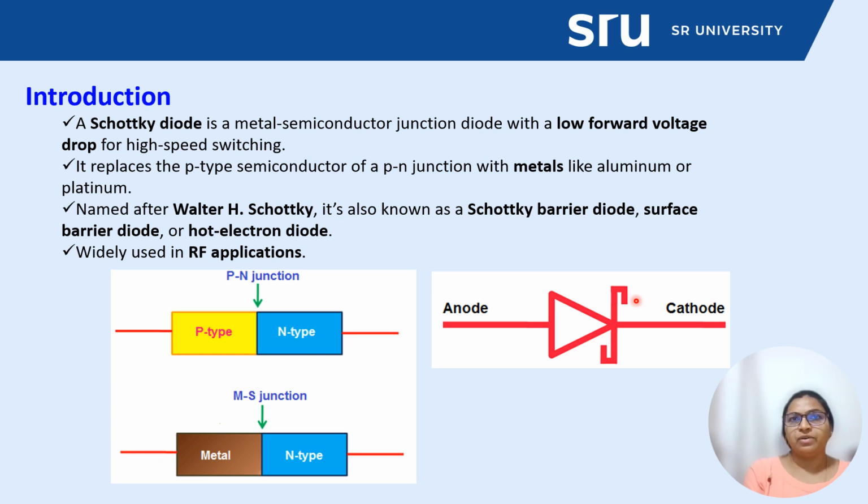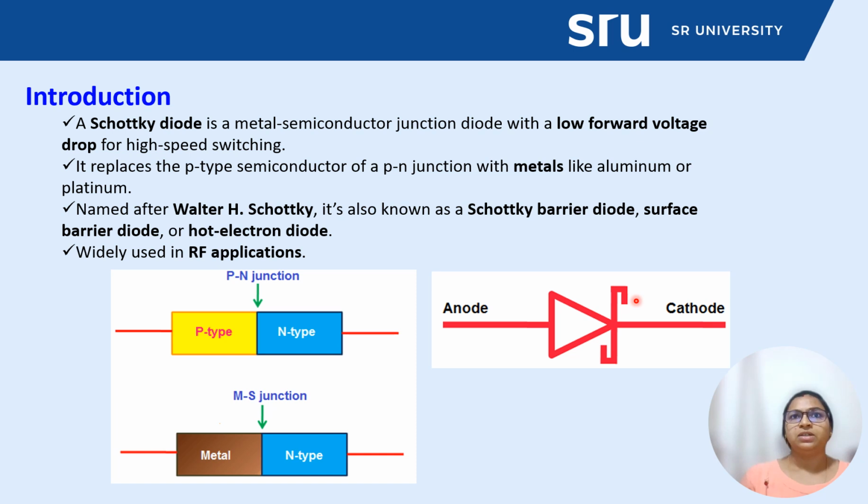Voltage drop is the amount of voltage wasted to turn on a device. So the voltage drop of the Schottky diode is much less than the normal PN junction diode.